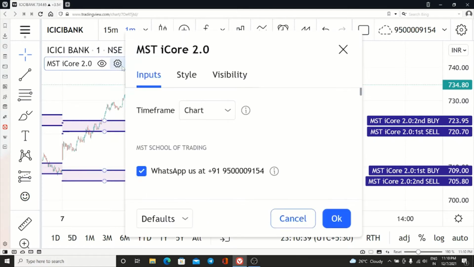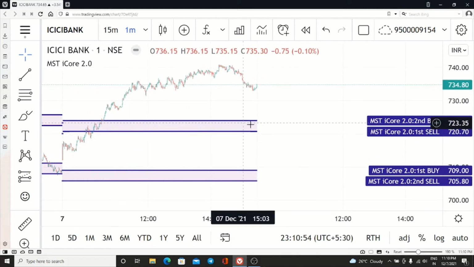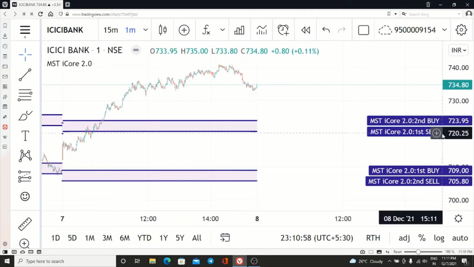Initially, what you have to do is come here and go to reset settings. By default, you have to reset every morning before you go for trading. Next, once the market has opened, these four lines will be formed automatically. Look at the price of the stock, whether it is 3 digit or 4 digit.